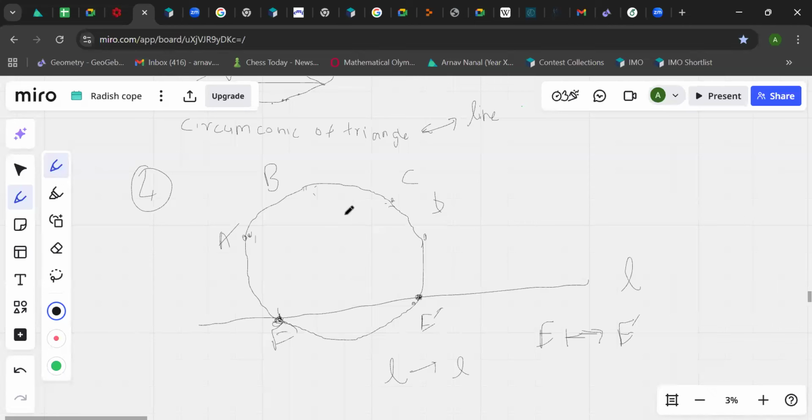The second point E dash might coincide with E if L is tangent to the conic, for example if this conic is tangent at E, then E dash will basically coincide with E. So E maps to E dash. This is a projective map. It's not trivial to see, but again, we will do this later.